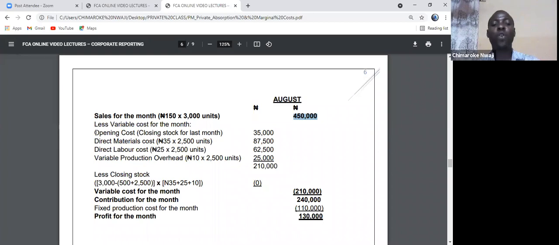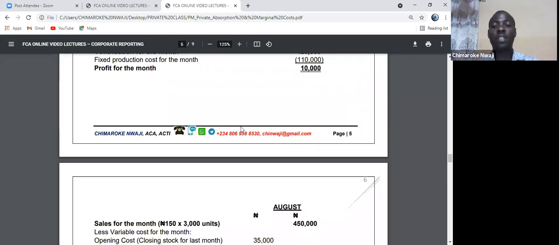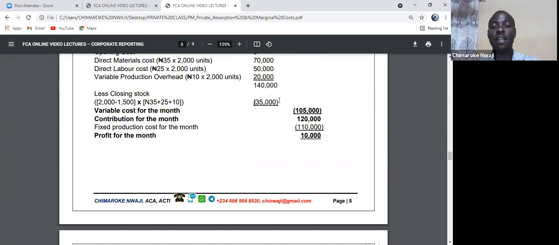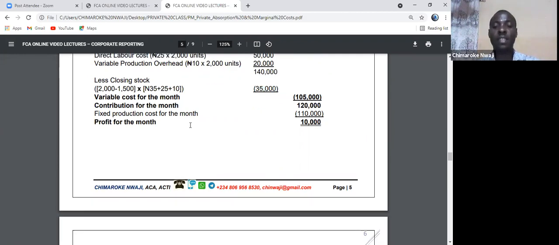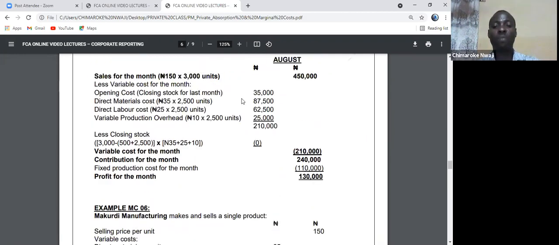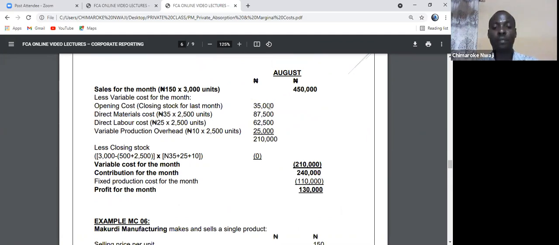We'll start with opening stock. That is the closing stock from last month. From last month, we had 35,000, which was 500 multiplied by 70 naira. That is what we brought in here. Then our direct materials: since we produced 2,500 units, we use 35 naira multiplied by that.